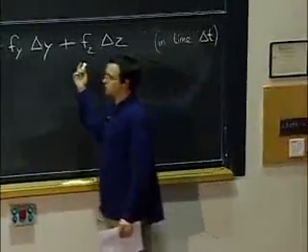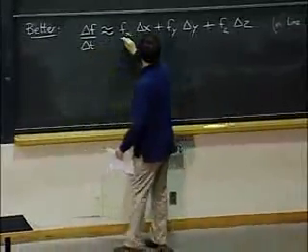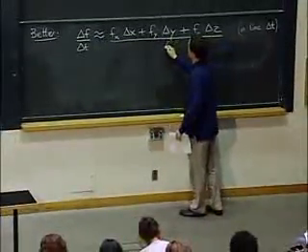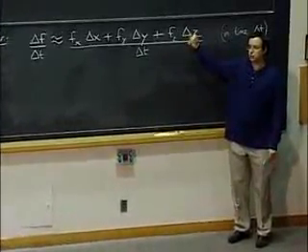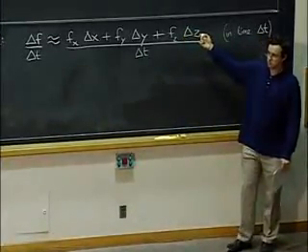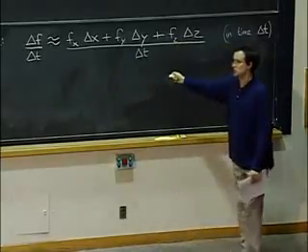And let's divide everybody by delta t. Here I'm just dividing numbers, so I'm not actually playing any tricks on you. I mean, we don't really know what it means to divide differentials, but dividing numbers is something we know.